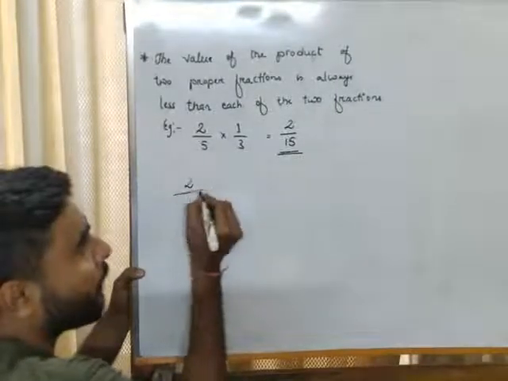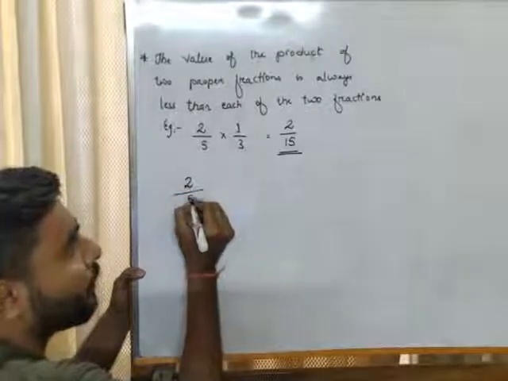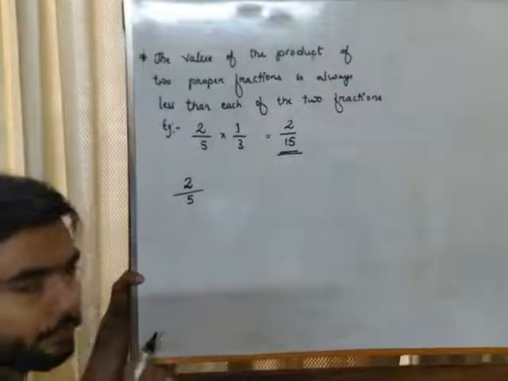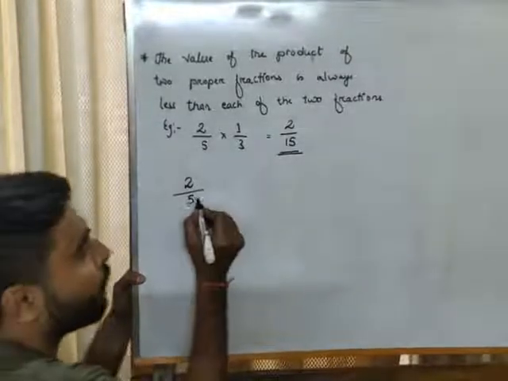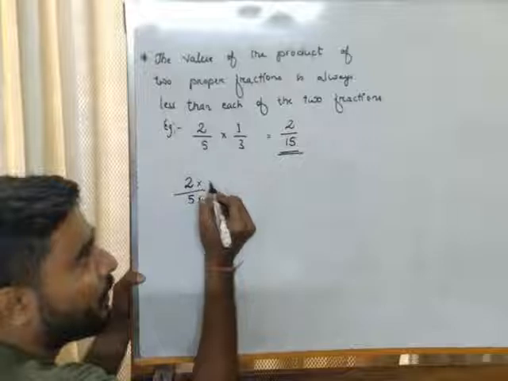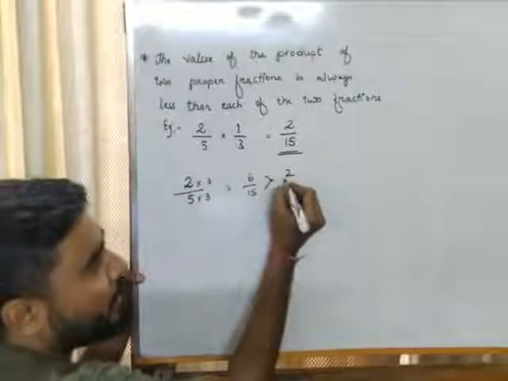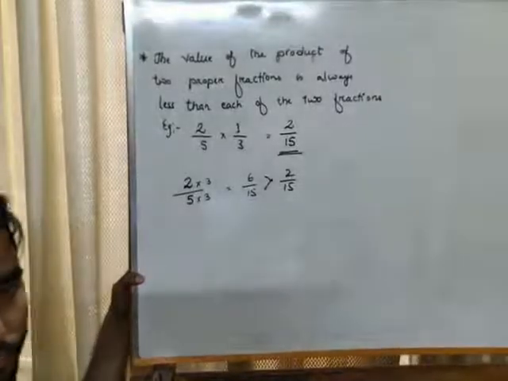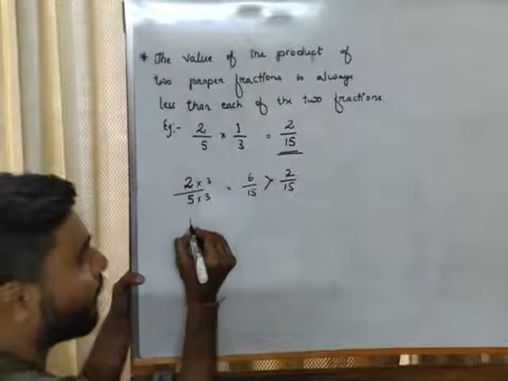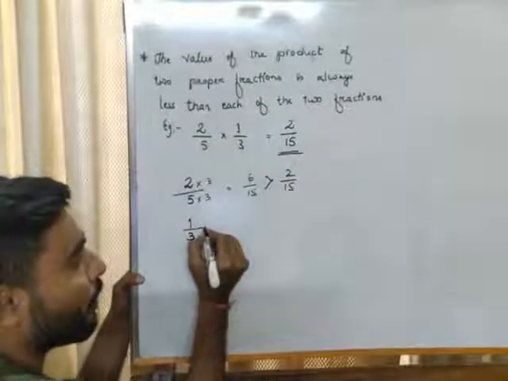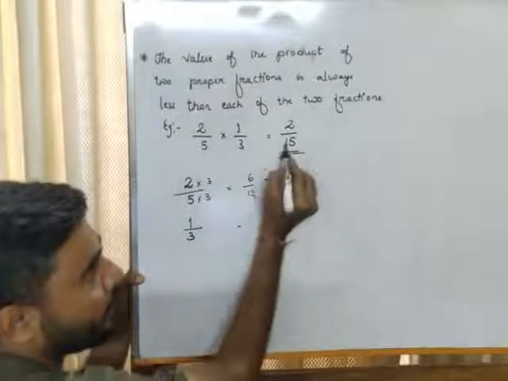You got the product 2 by 15, no? So here the denominator is 15. To make the denominator 15 I have to multiply by 3 and 3. So I got 6 by 15, which is greater than 2 by 15. And again one more fraction was 1 by 3. Here the denominator is 15.